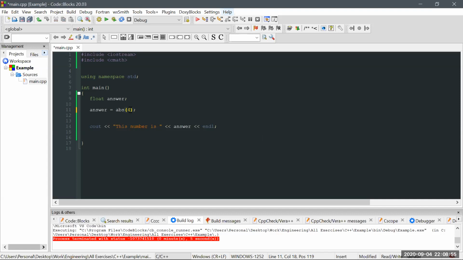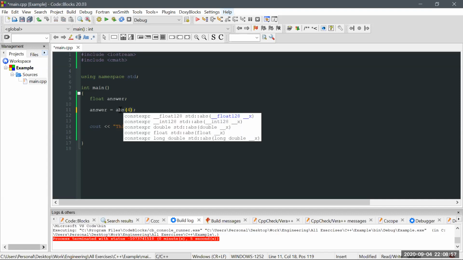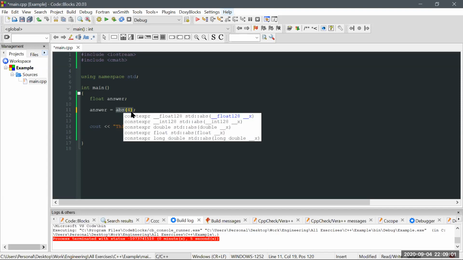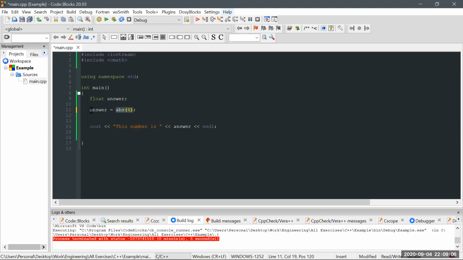In this case, since this is 4, we can say that this result will be an integer, and it will be placed in a floating variable. So it is fine, but once you write 4.0, it means that the argument, which is a float value, is now stored in a float variable.